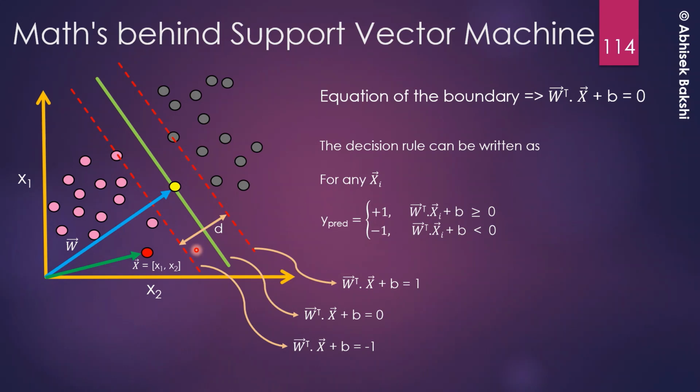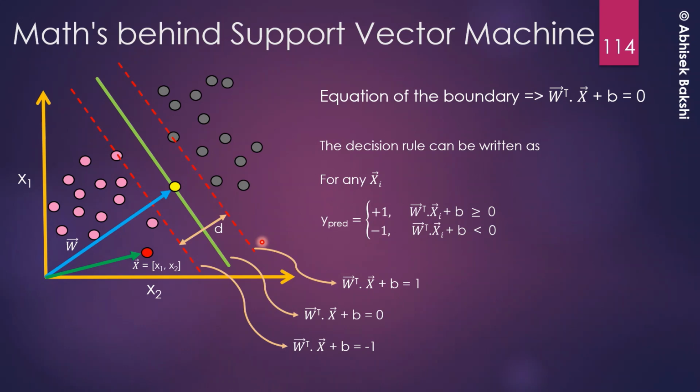You see, wherever you take it, anywhere, the distance has to be D. What does it mean? It means definitely these two red dotted lines are parallel to each other. Not only parallel to each other, but also parallel with respect to the decision boundary.